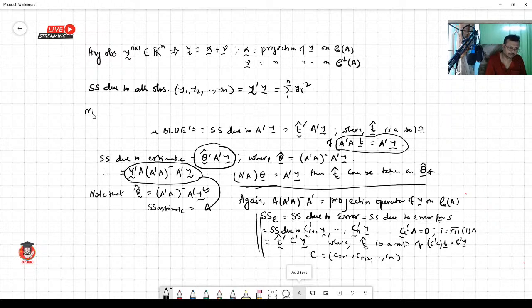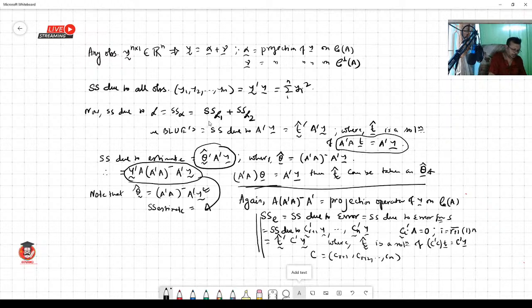Now SS due to script L, I denote this by SSL, is SS due to L1 plus SS due to L2.